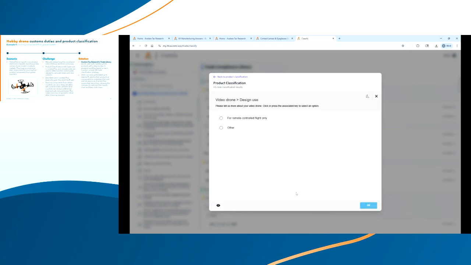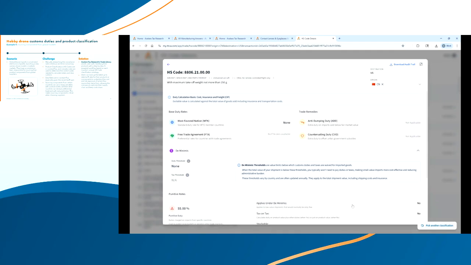We're going to classify this product, and this is going to walk you through exactly the questions that you need to answer to be able to properly classify this product into an HS code. So it's a hobbyist drone. It's going to be under 250 grams. Here we are. So this is our HS code, 880621.